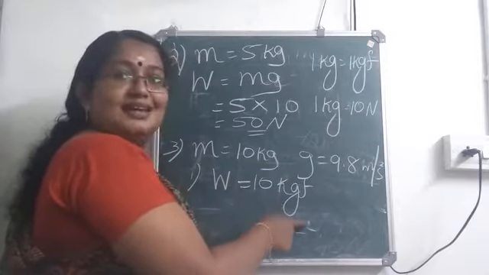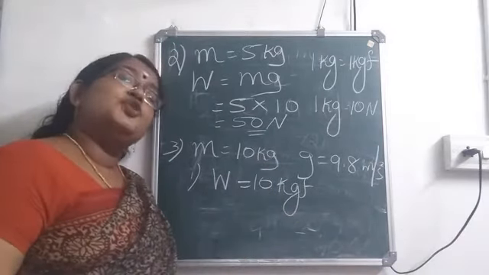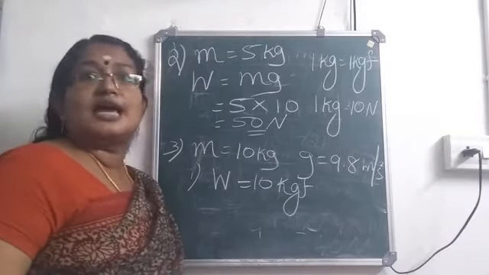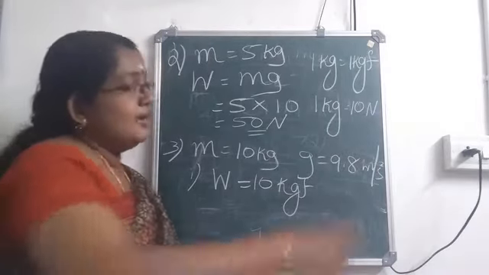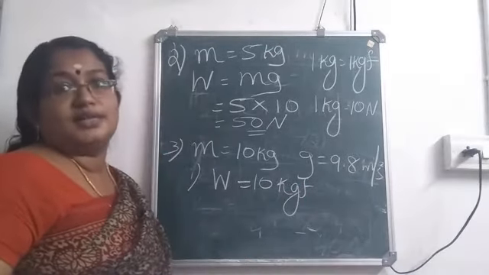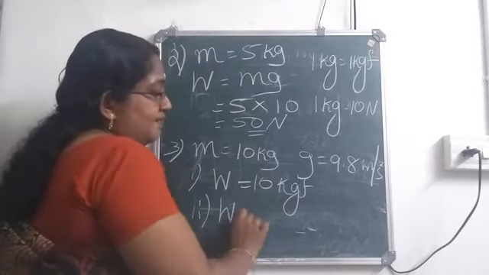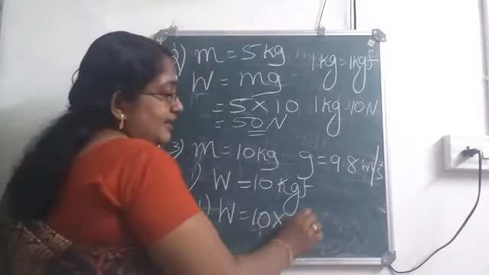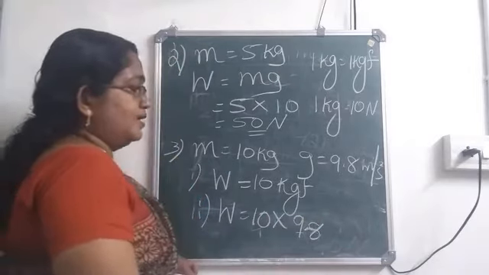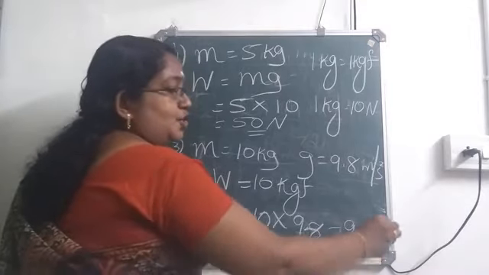That will be the weight. kg and kgf are equal. But when you need it in Newton, you have to multiply it with 9.8 or 10. In this question, since 9.8 is given, you have to multiply with 9.8 itself. So weight is equal to 10 into 9.8, which is equal to 98 Newton.